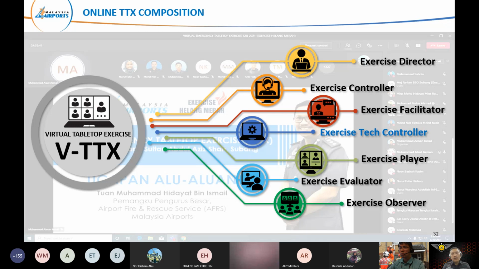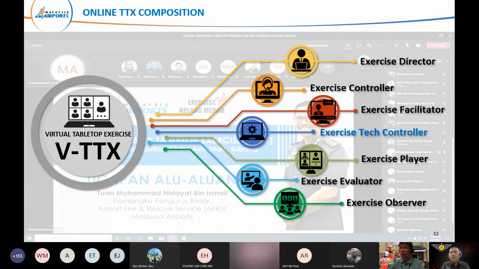Then we have the exercise controller. The exercise controller also plays a key role. Together with the exercise facilitator, they will prepare the scenario, messages, as well as all the questions needed during the tabletop exercise. Then definitely we need exercise players.